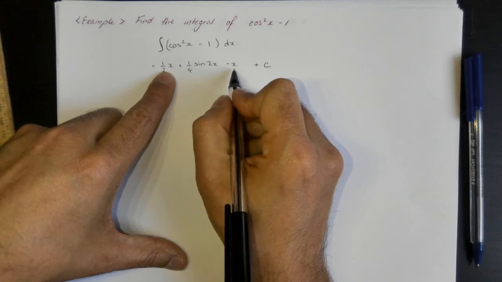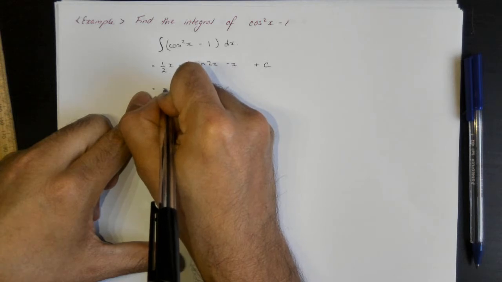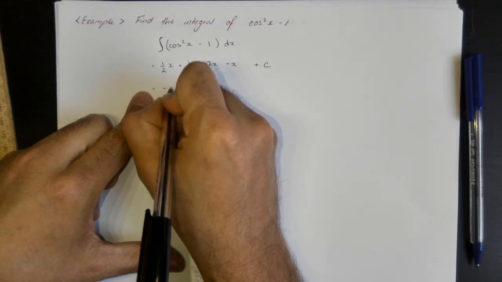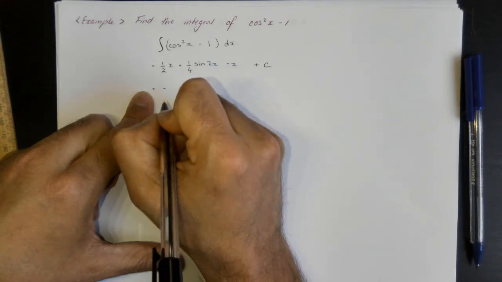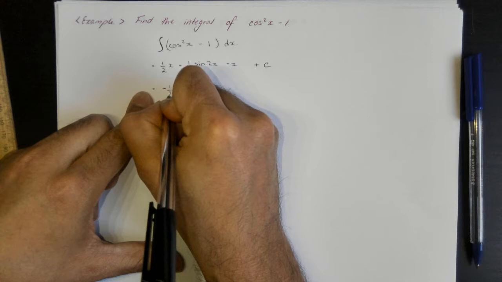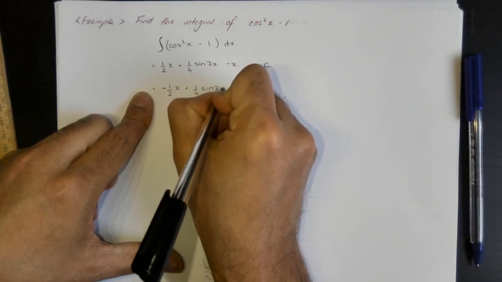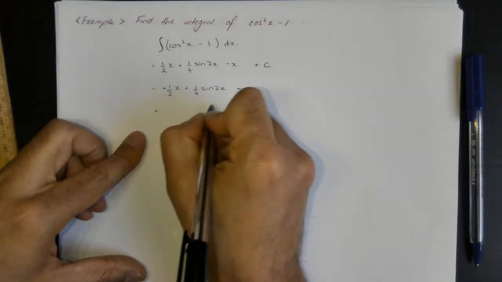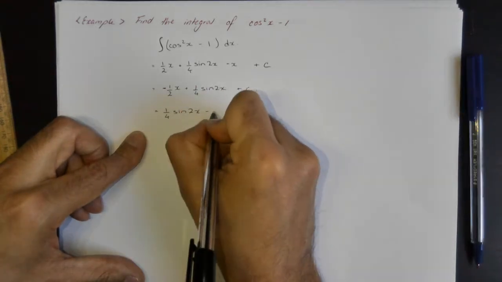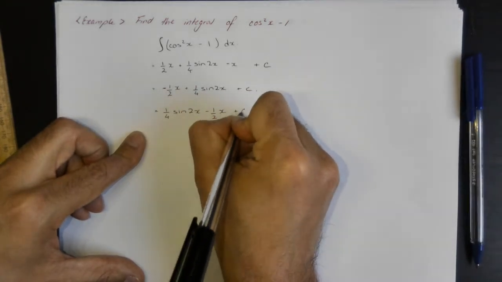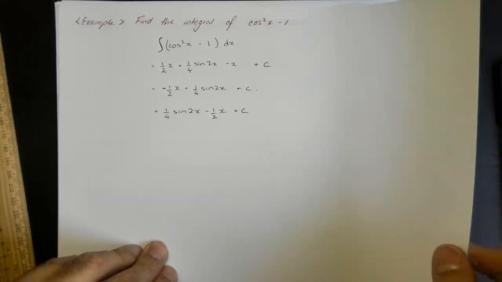Collecting like terms, a half minus 1 is negative a half. And just tidying it up so that we have a positive value at the front gives us that.